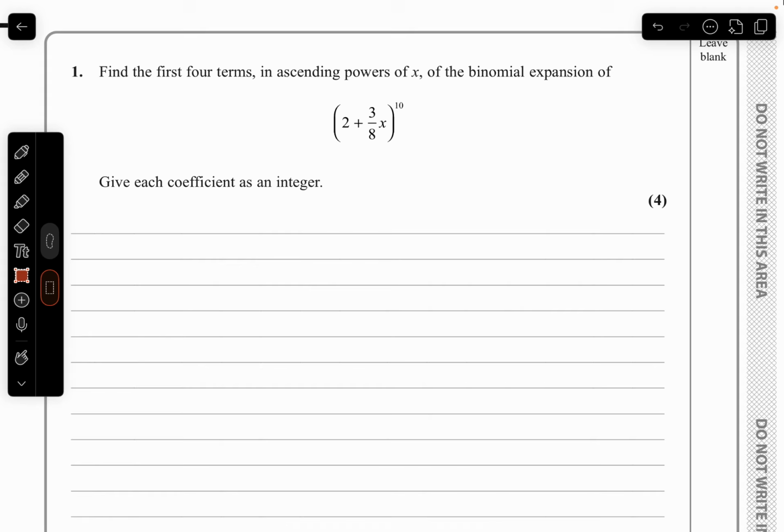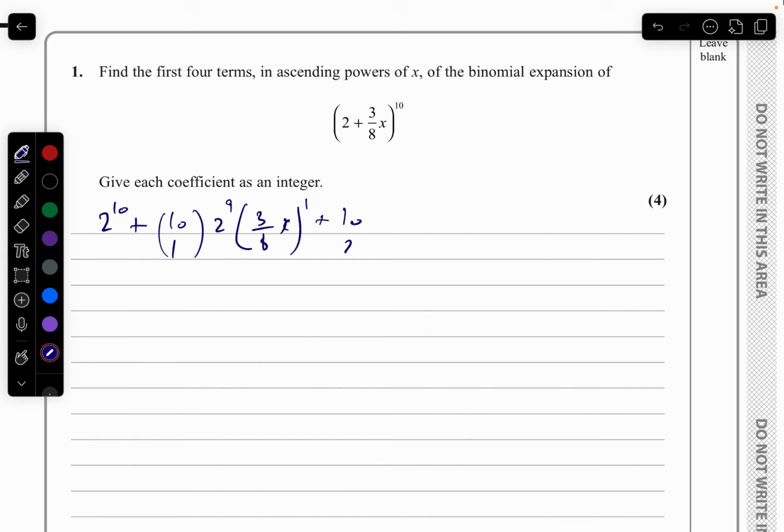So in the question, you will have 2 to the power of 10 plus. Now you can use nCr, or you can just directly write 10C1, then the power of the 2 will decrease and become 9, multiplied by 3/8 x to the power of 1, plus 10C2.